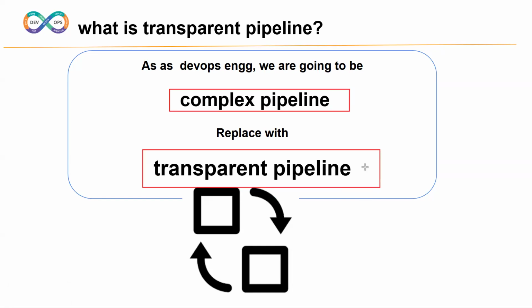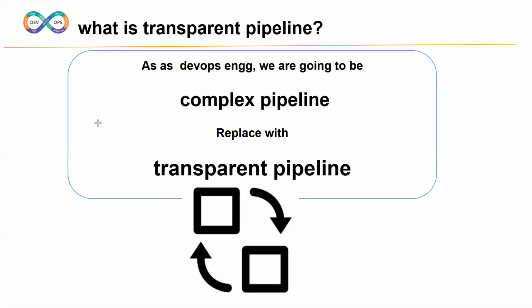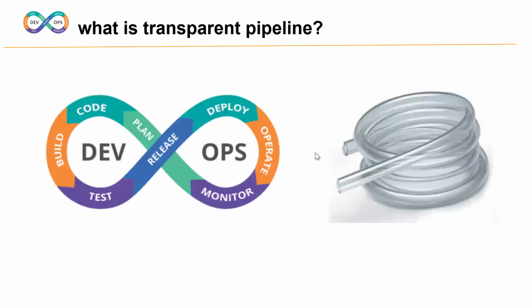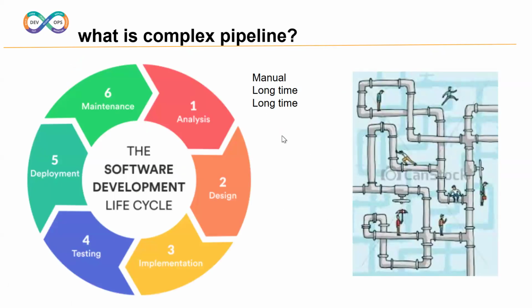But sir, what is a complex pipeline? What is a transparent pipeline? Let us try to understand. First, let us discuss the complex pipeline. The complex pipeline is exactly our SDLC process.